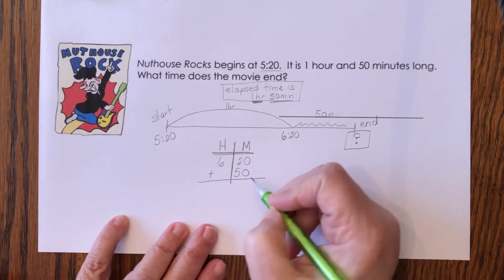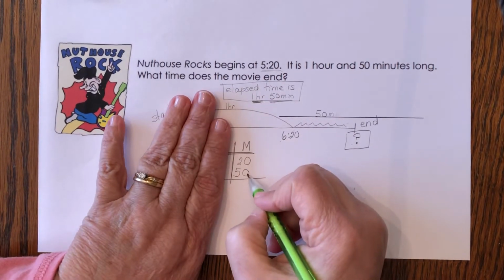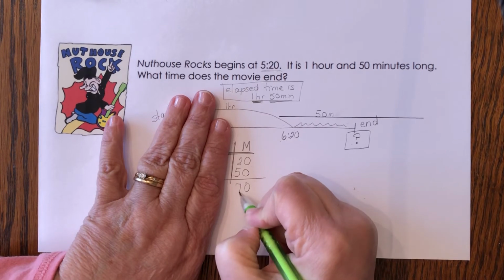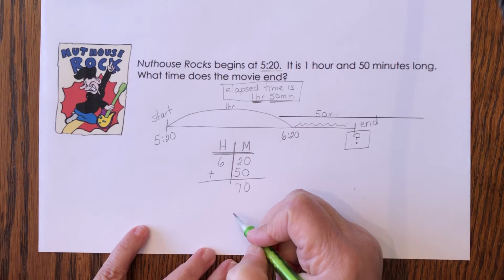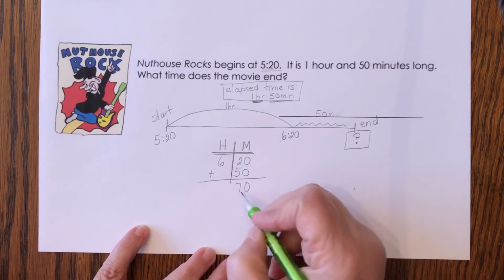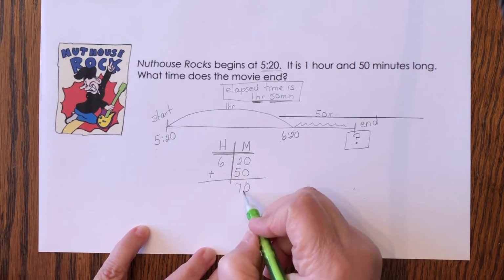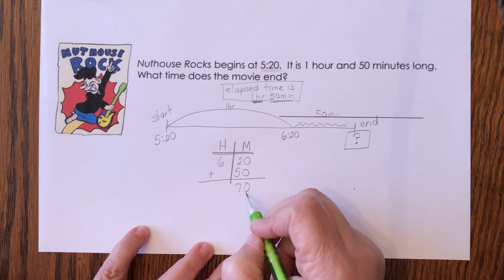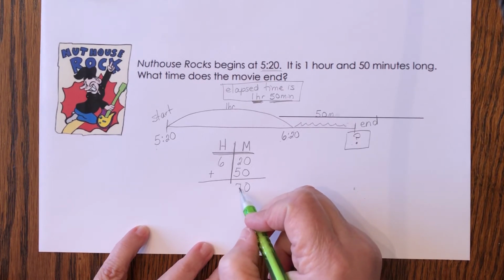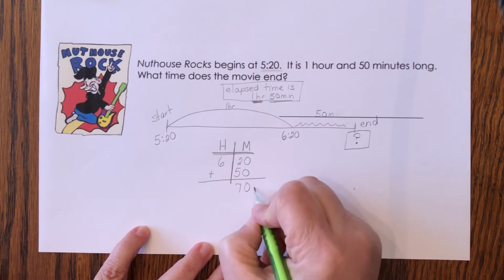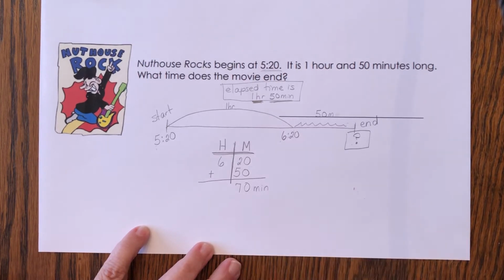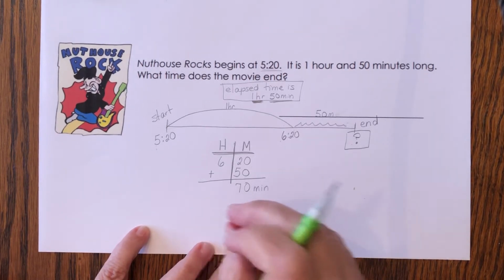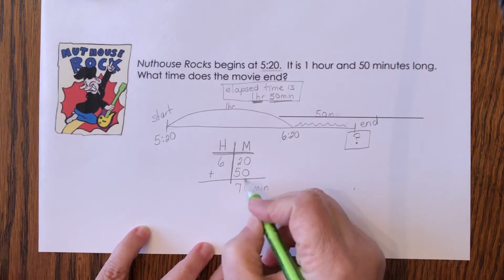When we add this together, if we're just looking at the minutes, we get 70 minutes. Wait a minute. That's kind of funny. We know that an hour has 60 minutes. So 70 minutes is more than an hour. We need to take this 70 minutes and change it so that we have hours and minutes out of this.